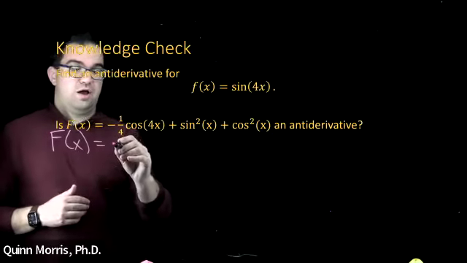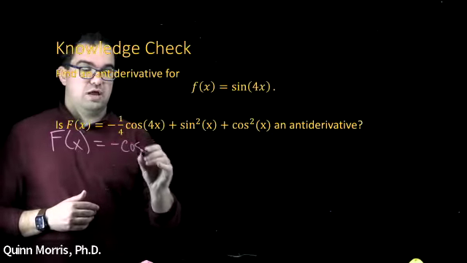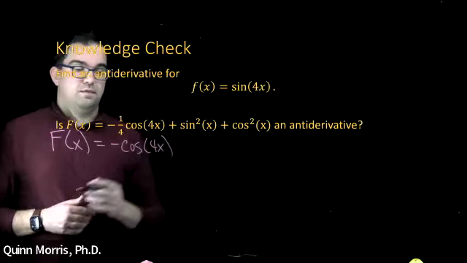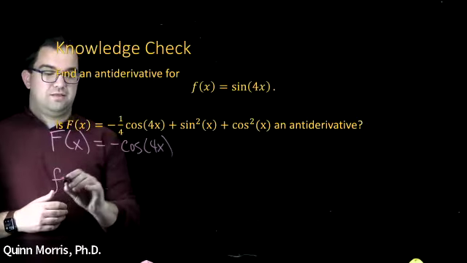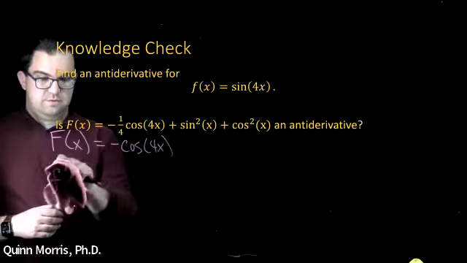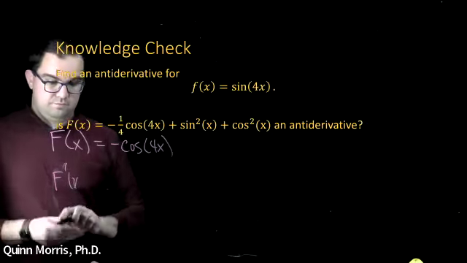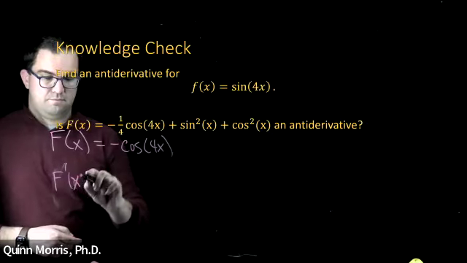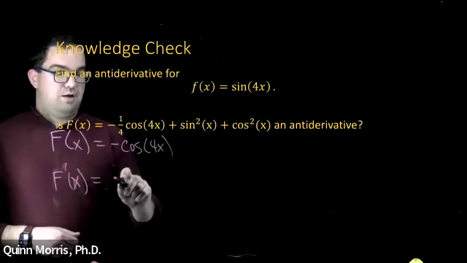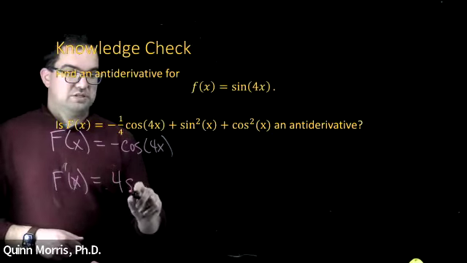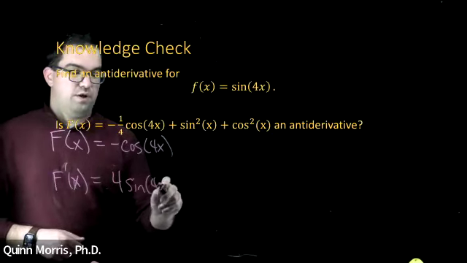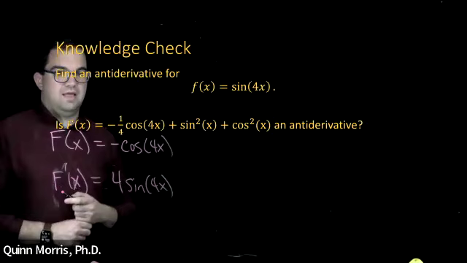So I might first try negative cosine of 4x. But if I do that and then take the derivative of capital F, then I will end up getting 4 sine of 4x, which is, of course, not little f.